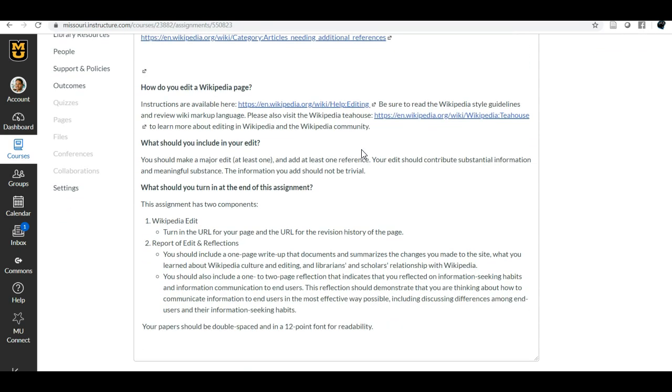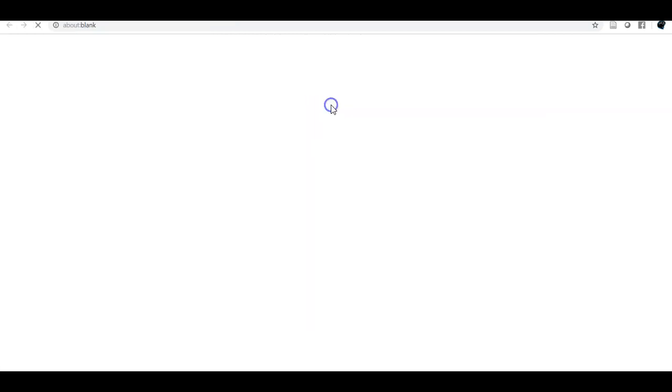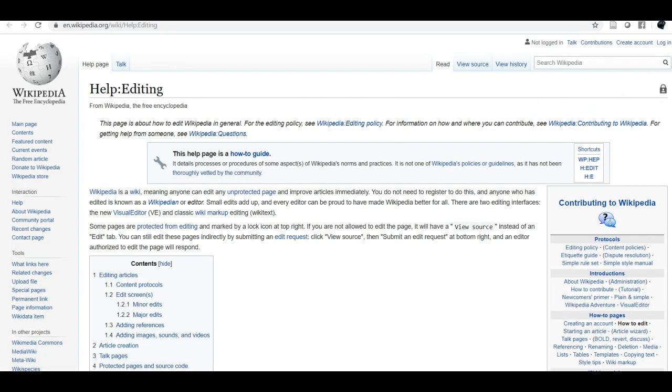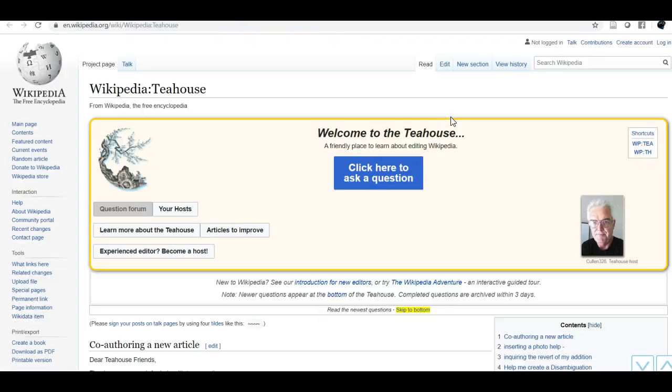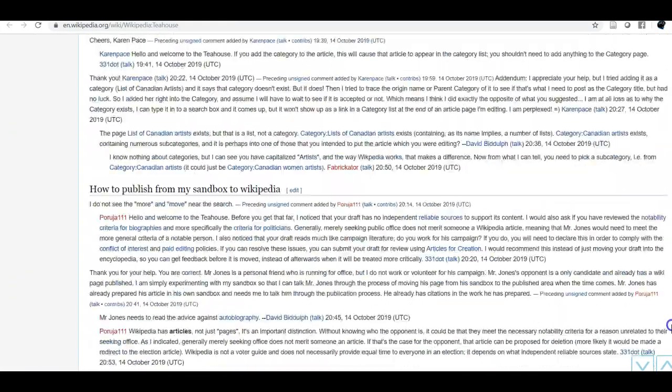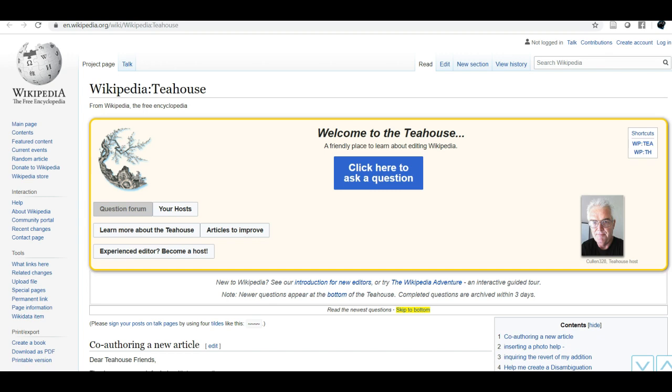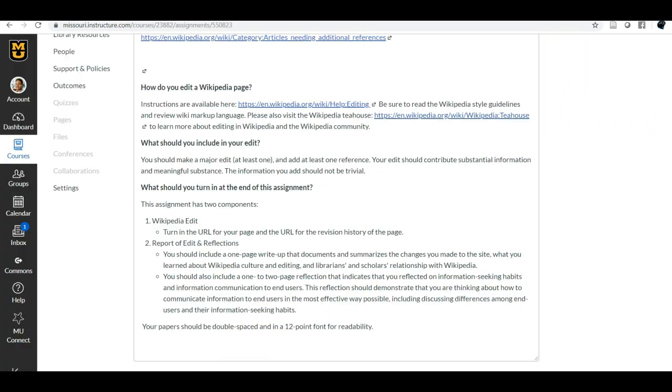How do you edit a Wikipedia page? Let me just make sure that my links are still operating. That one is, so that should help you. And that one also is, so that should help you. Now, if you find any videos on Wikipedia or anything of that nature that also explain how to edit a Wikipedia page, please feel free.